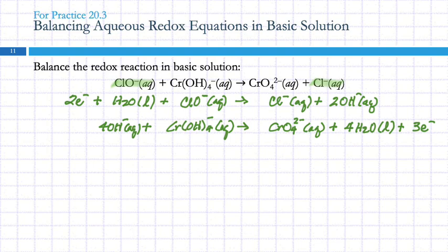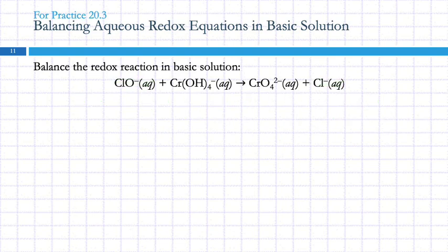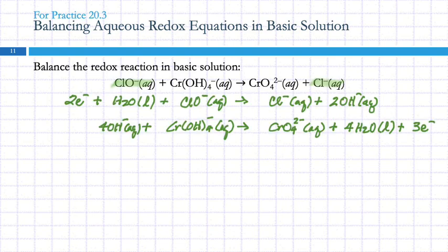So we can't have somebody losing 3 electrons and then the other person only gaining 2 electrons, because that means an electron went missing, and that can't happen. So the least common multiple for 2 and 3 is 6. So if I multiply the top by 3 and the bottom equation by 2, I'll end up with 6 electrons for each.